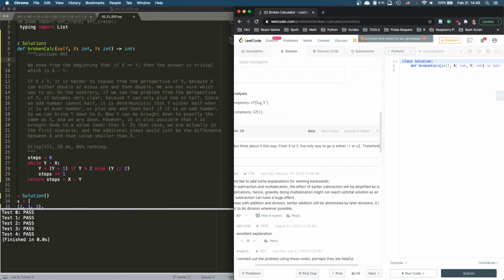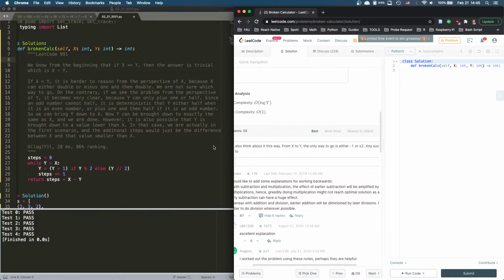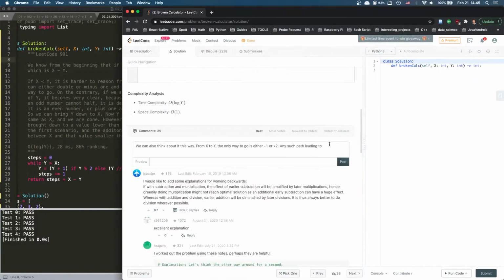Any such path leading to y also means that there exists a path from y back to x through +1 or divide by 2.